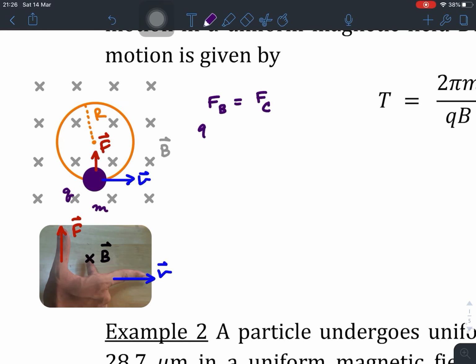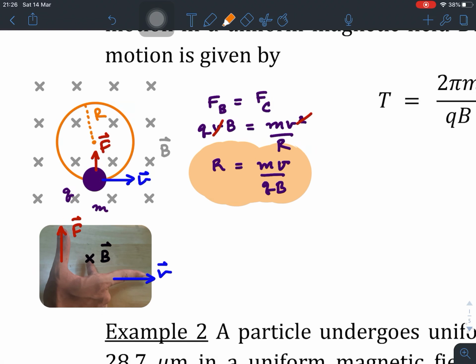The magnetic force can be written as qvB, while the centripetal force is mv squared over r. If I cancel one of the v terms, we get the radius of the circle, r equals mv over qB.